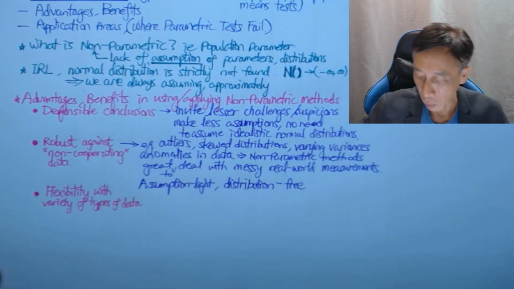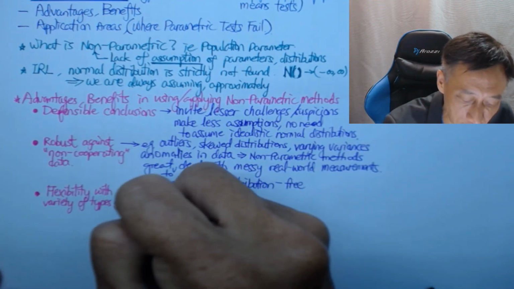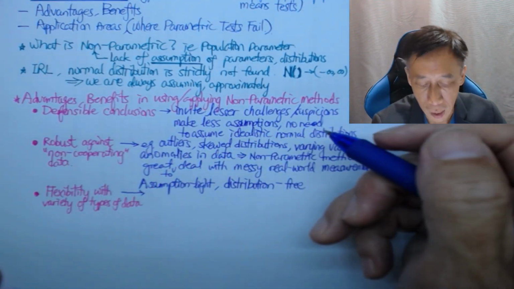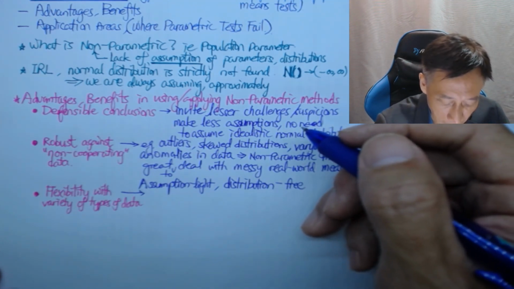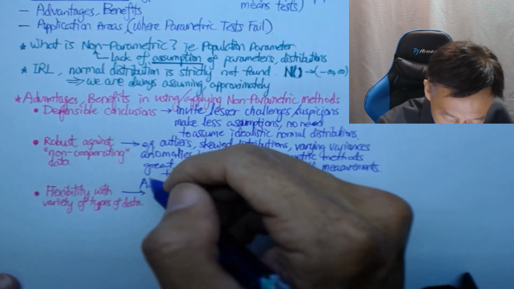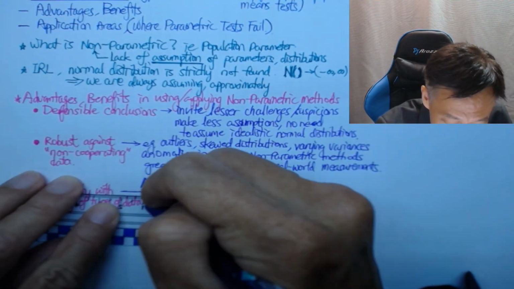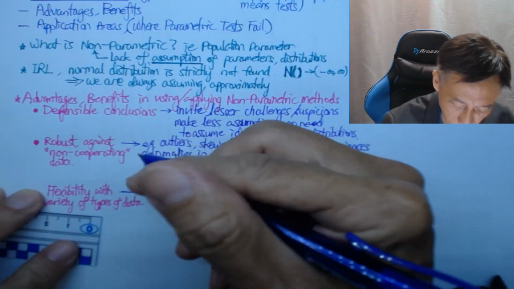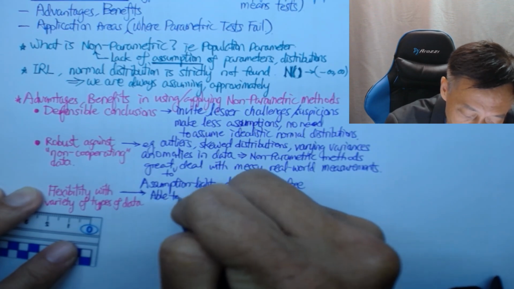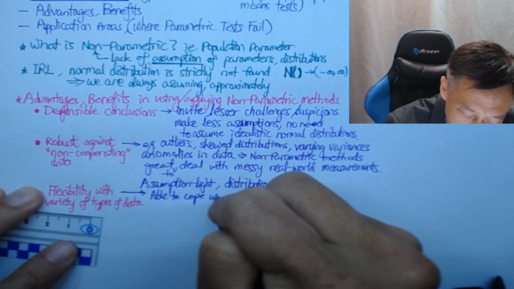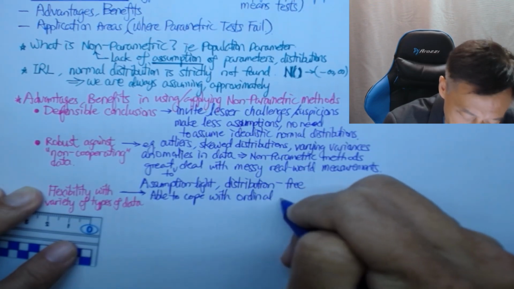What this means is not just the measurement source. For example, I'm measuring test scores, the height, the weight. Not only that, but I'm also talking about the ability to cope with ordinal data.